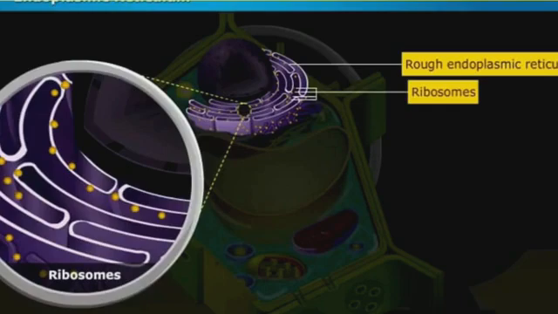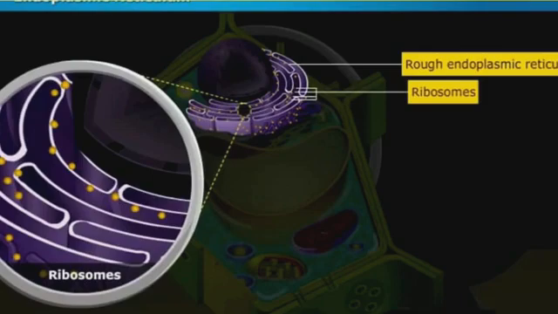This network of membrane is called endoplasmic reticulum. It contains membrane-bound tubes and sheets. Endoplasmic reticulum is of two types: ribosomes present, ribosomes absent. If ribosomes are present on the endoplasmic reticulum, that is called rough endoplasmic reticulum.